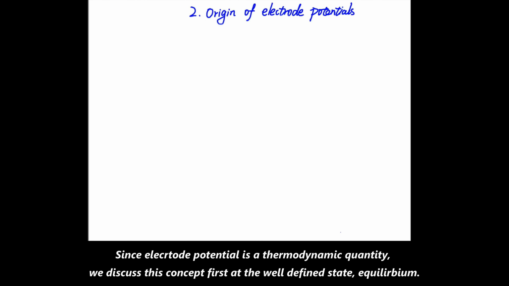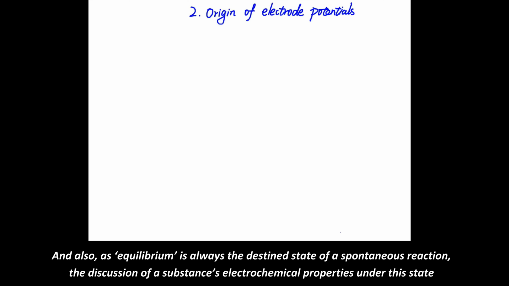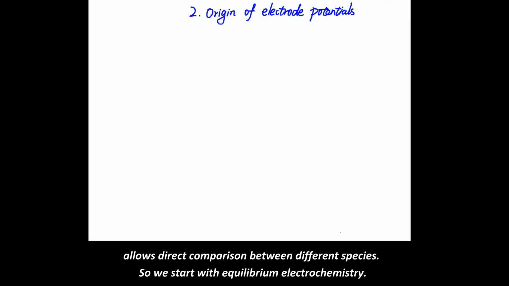Since electrode potential is a thermodynamic quantity, we discuss this concept first at the well-defined state, equilibrium. And also, as equilibrium is always the destined state of a spontaneous reaction, the discussion of a substance's electrochemical properties under this state allows direct comparison between different species.